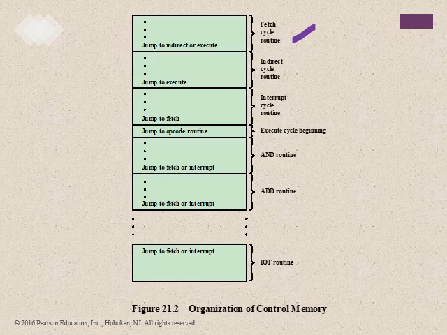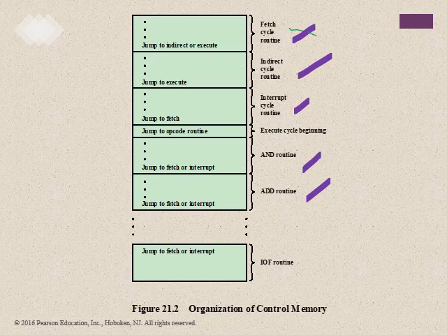We also have other routines for the indirect cycle, the execute cycle, the interrupt cycle, and the add routine, and each of these routines ends with a branch or jump instruction indicating where to go next. What does it mean? For example, maybe after the fetch cycle you're not going to indirect. After the fetch cycle, you're using direct addressing.